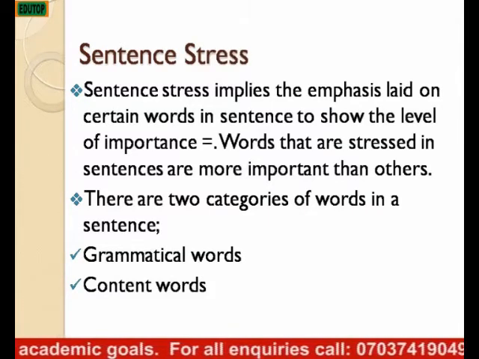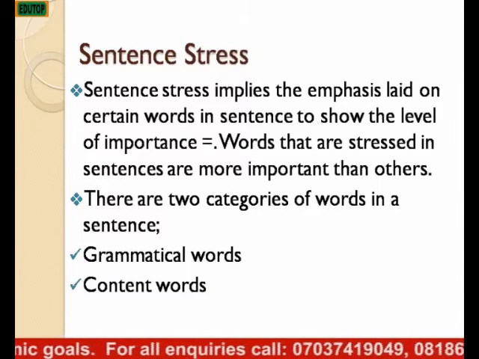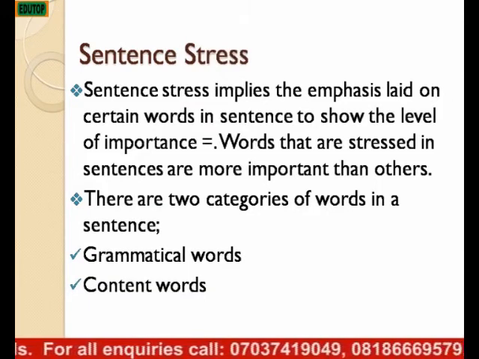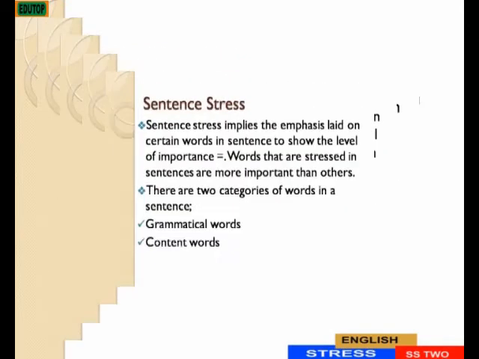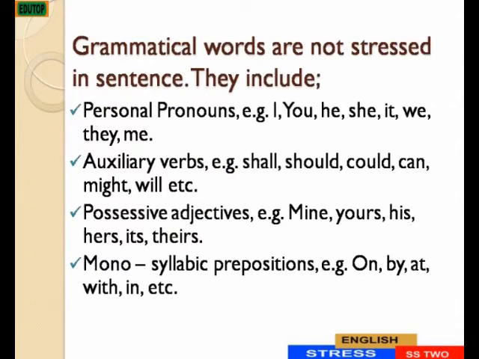The words that are stressed in sentences are more important than others, and in a sentence we have two categories of words. We have grammatical words and we have content words. Grammatical words are not stressed in sentences. They include personal pronouns such as I, you, he, she, it, we, they, me.